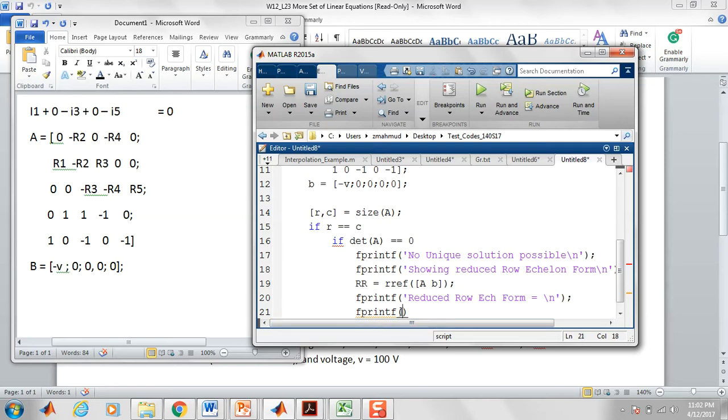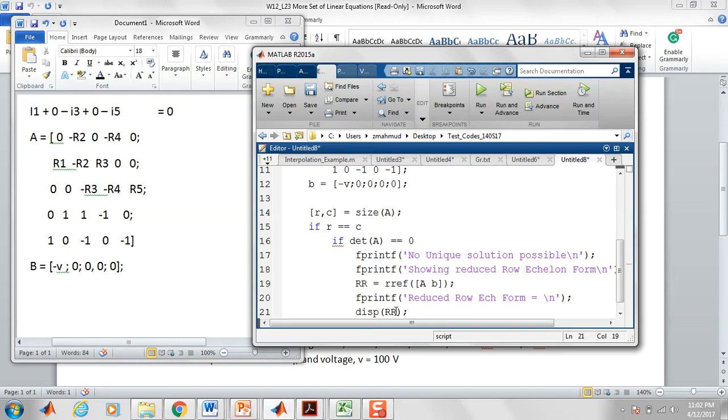The other issue is how many percentage signs you are going to be using. That depends on the number of columns, that many percentage signs you are supposed to be writing. So what I would recommend for this case is maybe use a display command. So for this case it would be a lot easier to write. So display RR.